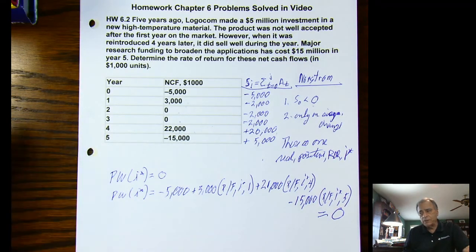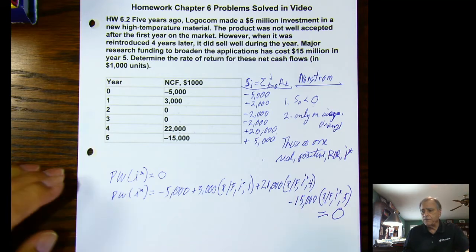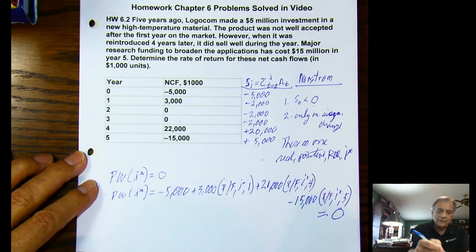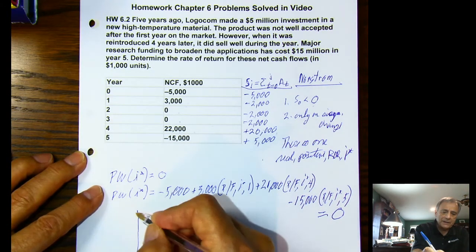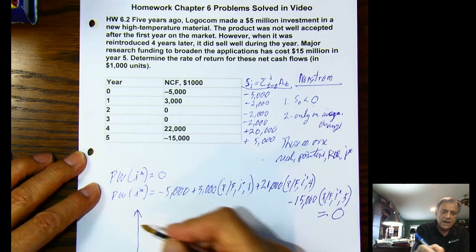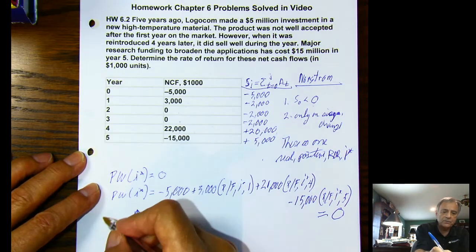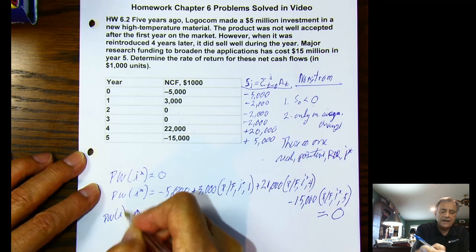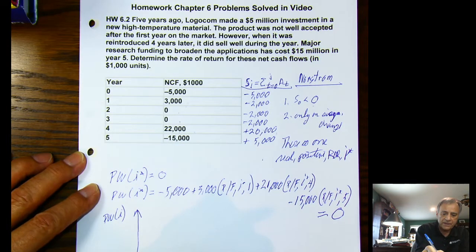Well, what I normally do is do this by trial and error. And for example, I always like to start with this graphic, looking at present worth at some rate I versus the interest rate I.